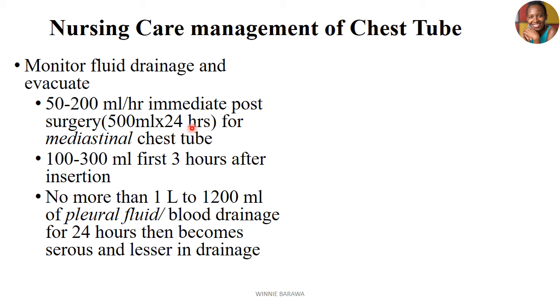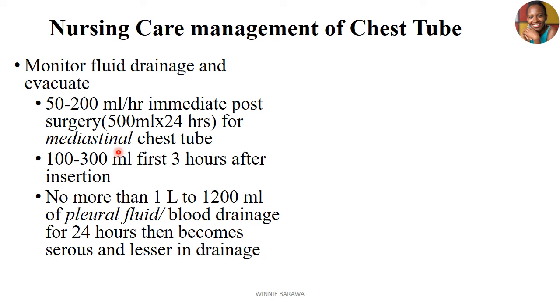And so with this, if you're having the mediastinal chest tube, you can have roughly 500 mils, or you can have even a whole liter drained in a period of a day. However, in the first 3 hours of insertion, you can anticipate at least 300 mils of drainage of fluid after insertion.